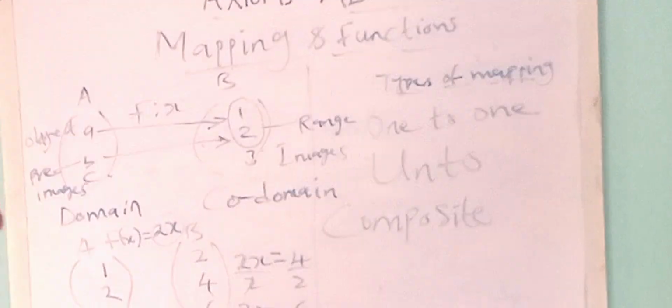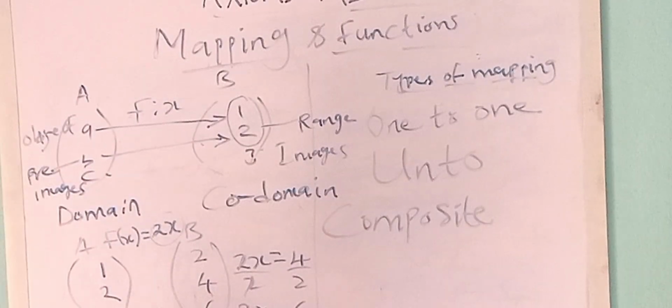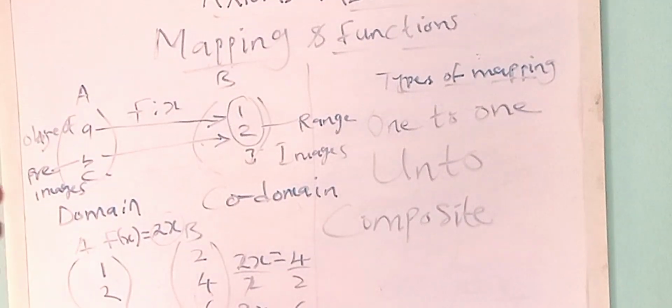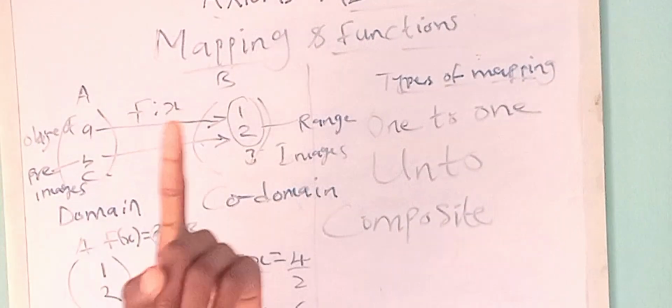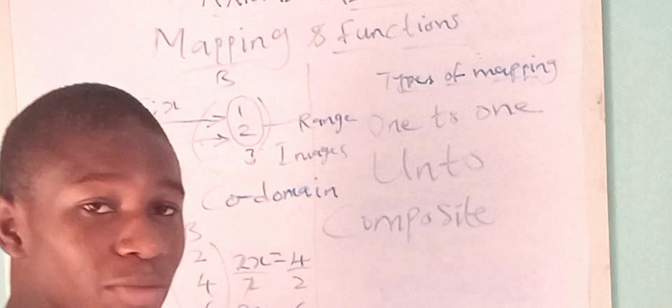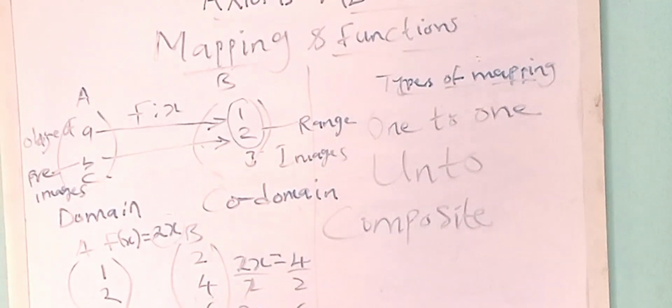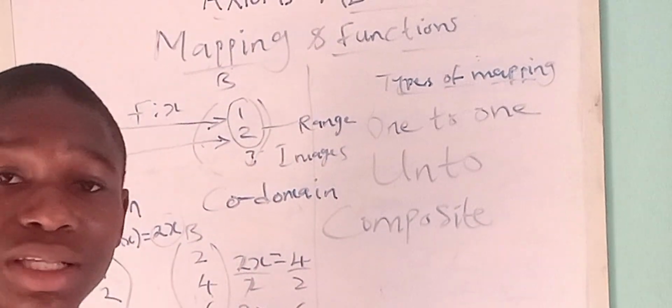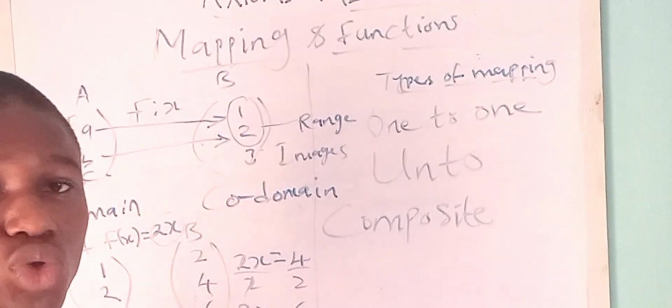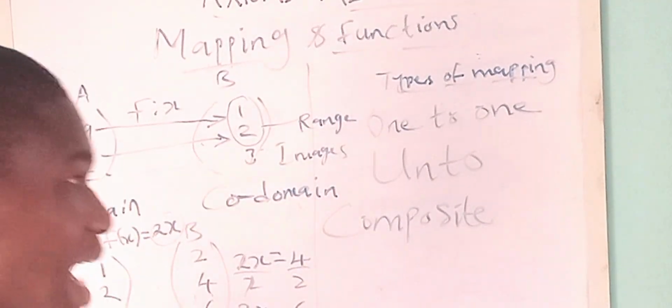I said the first one is what? One-to-one mapping. And the one-to-one mapping says that all elements in the set A are going to be mapped to one element alone in what? The codomain. All elements in the domain must be mapped to one specific, or let me say, one unique element in the codomain. That is to say, you cannot map one element to two other elements, one to one, as the name implies.